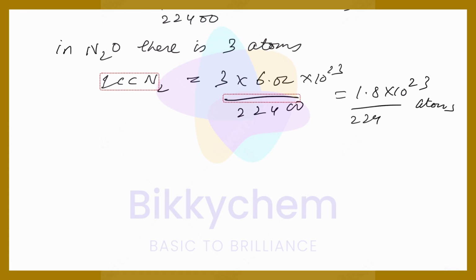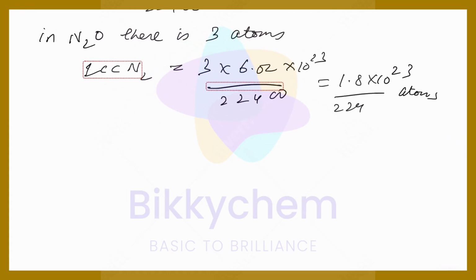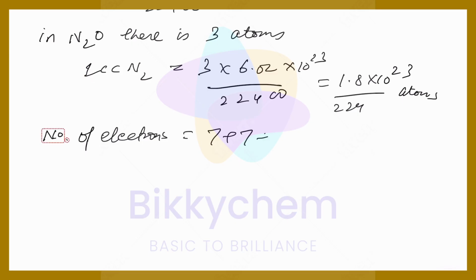Similarly, number of electrons: 7 plus 7 plus 8, 22.